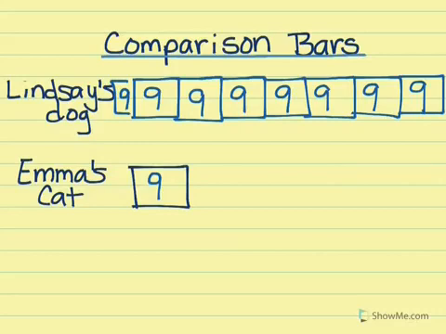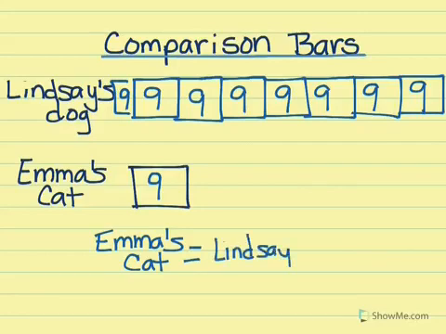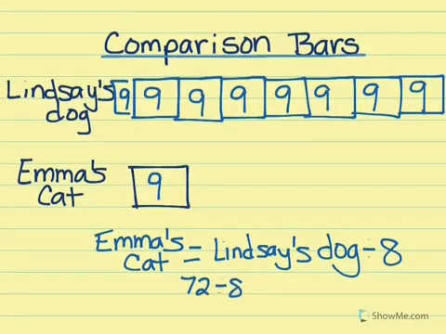Okay. So then I can look at my comparison bars, and I know that Emma's cat equals Lindsay's dog divided by 8, which of course would be 72 divided by 8, which gives me 9.